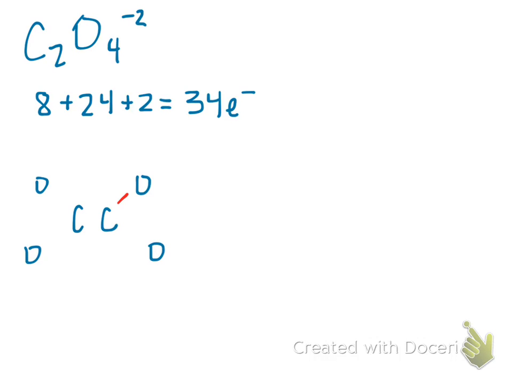So here's 1 or 2, 4, 6, 8, 10. Right? I've used 10, which leaves me with 24. All right, so here's where we've got to do some thinking.